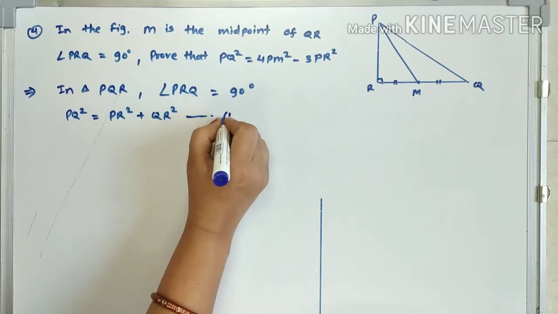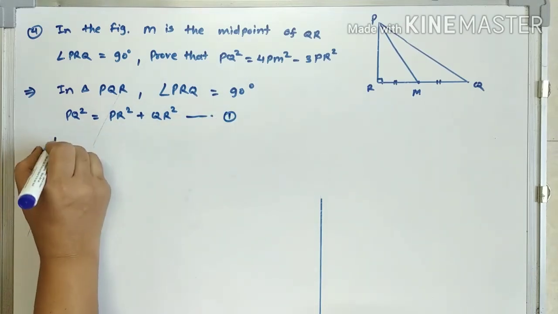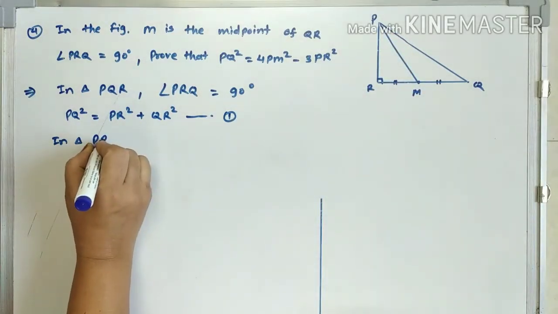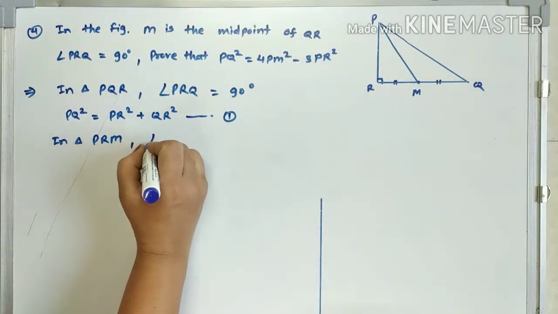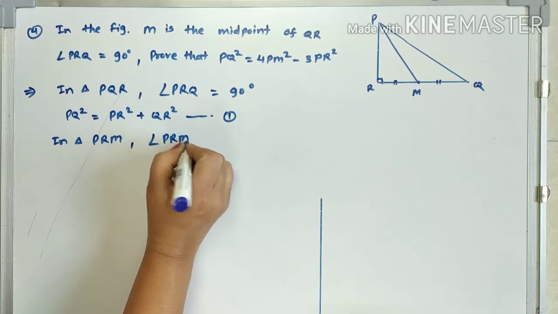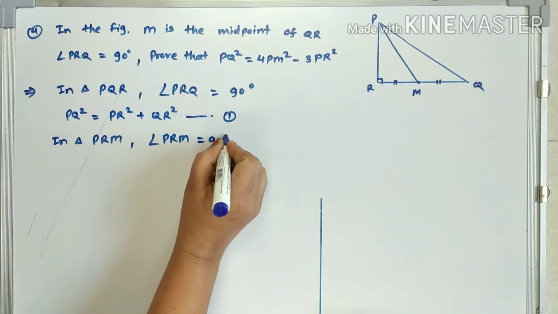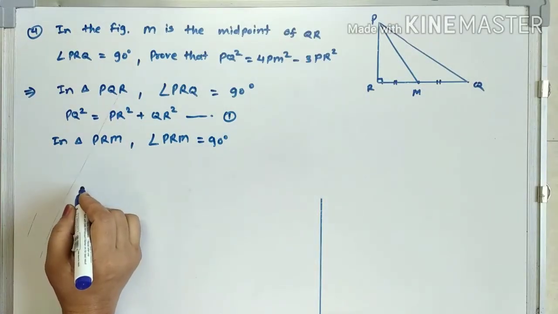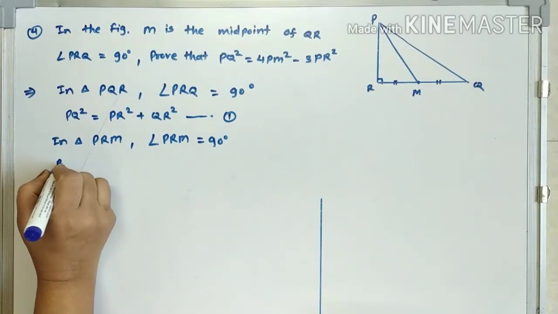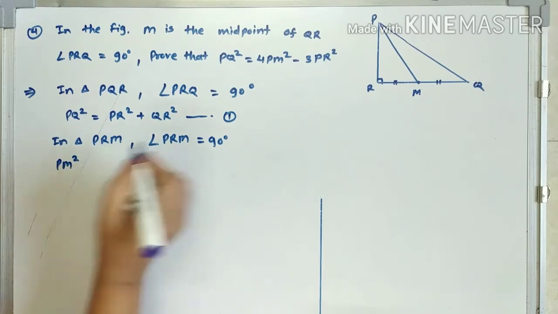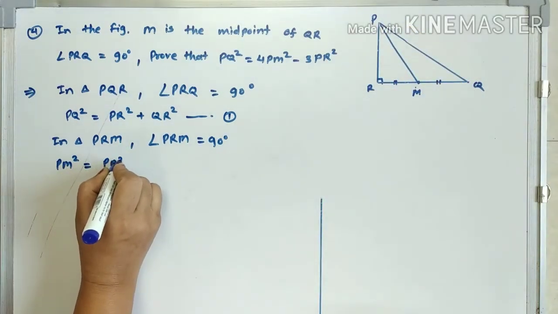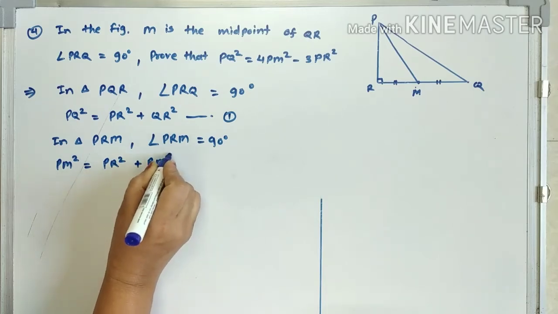This is equation 1. Now in triangle PRM, angle PRM equals 90 degrees. So by the Pythagoras theorem, PM square, this is the hypotenuse, equals PR square plus RM square.